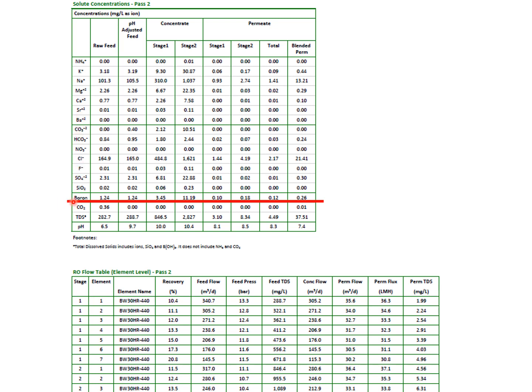Feed was 1.24 after first pass. Then after second pass, concentration of boron 0.12 ppm, which is very good quality for our drinking water standard. So this is basically we can see all the detailed rejection and the individual ion behavior.